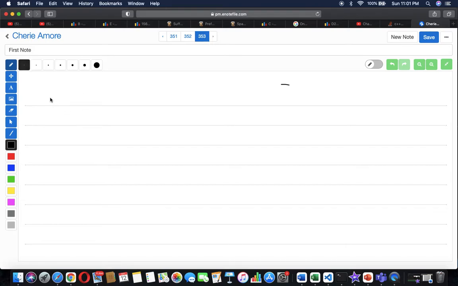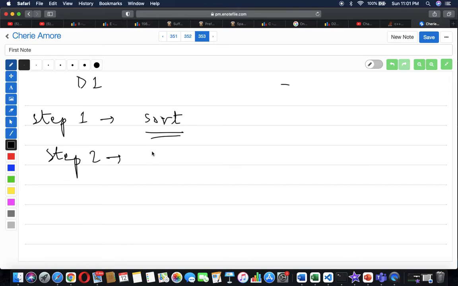There were three steps to solve the D1 problem, right? Step number one was sort it, either using an array or the vector thing that I taught you in the last video. Step two is simple: for all those cases where ai is equal to aj, you need to make sure that if si is less than sj, then i should be greater than j, right?